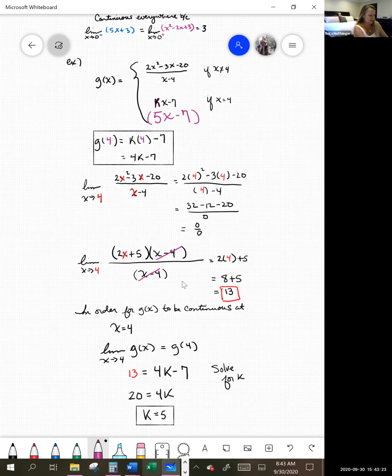So any questions on limits or continuity?